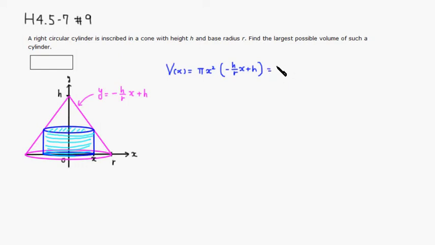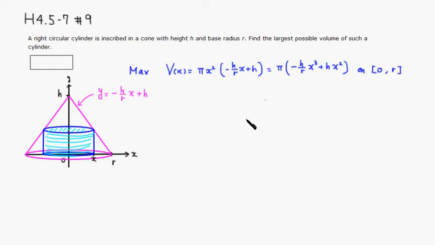So I'm going to keep the h out, but put x squared in there. So you have pi x squared times negative h over r x plus h, and we want to maximize this volume. x is a radius, so it goes from 0 to r. 0 is the smallest and r is the largest. So let's maximize it over the closed interval from 0 to r.